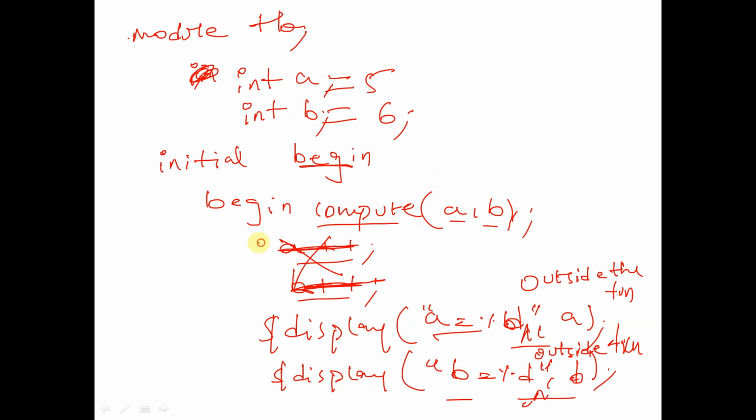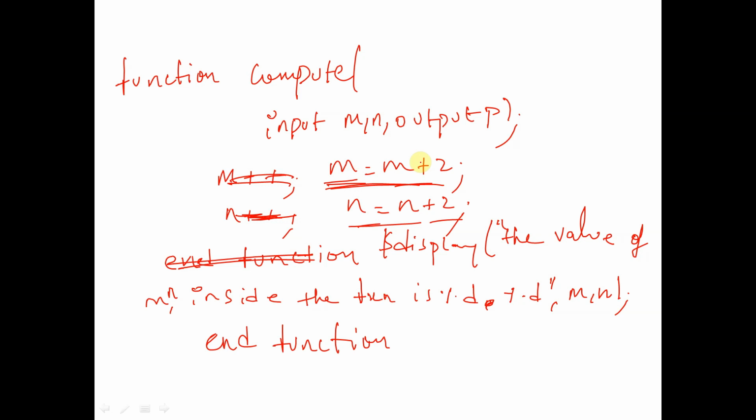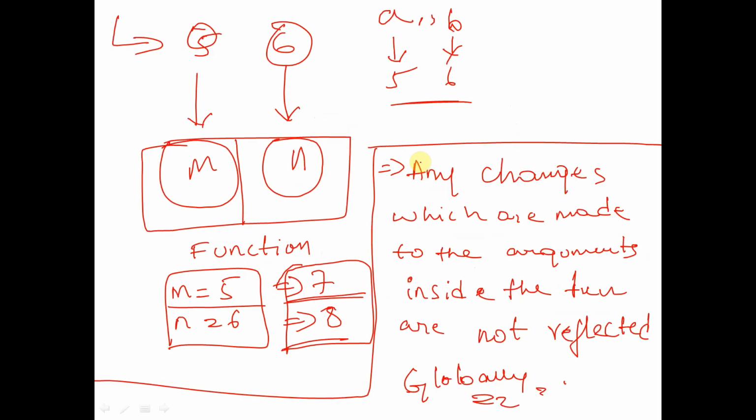When we use the simulator and check it, we can see that if we change the values of the arguments inside the function, they are not reflected outside. So there are no changes reflected globally when we change the arguments inside the function.